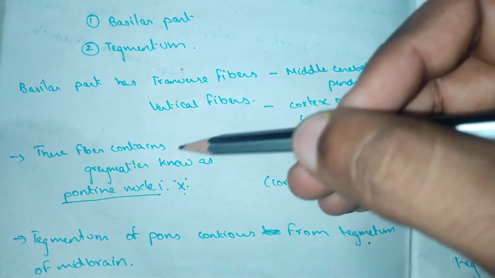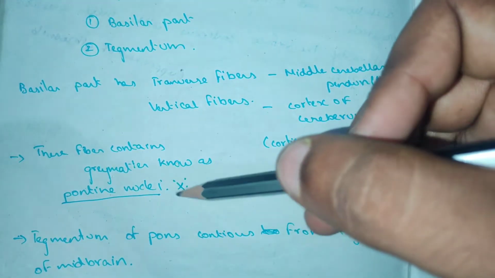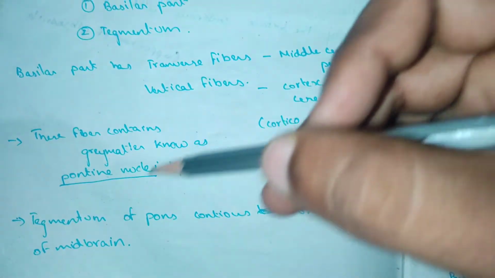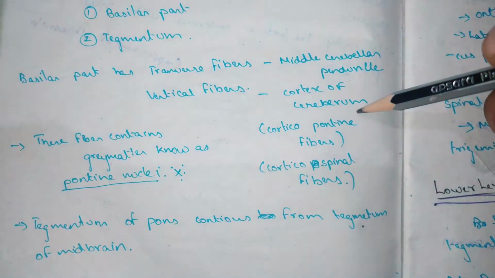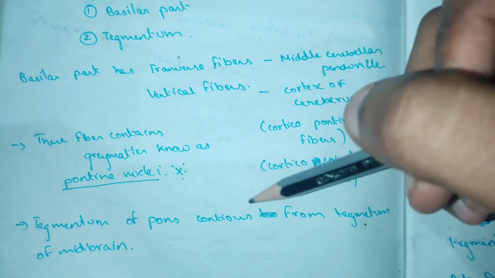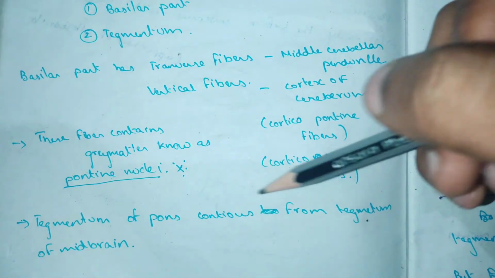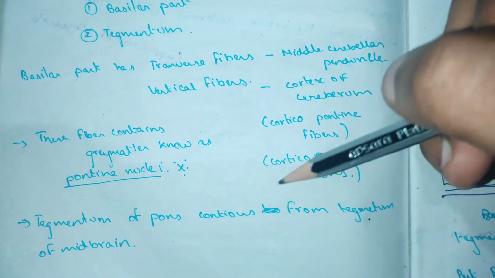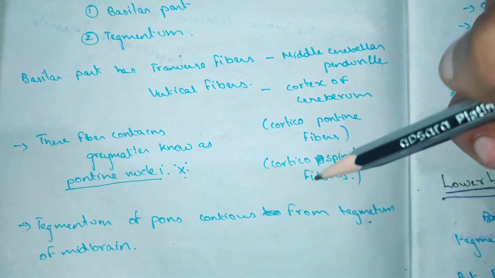These fibers contain the grey matter known as pontine nuclei, and they are known as corticopontine fibers and corticospinal fibers. The tegmentum of the pons is continuous with the tegmentum of the midbrain.